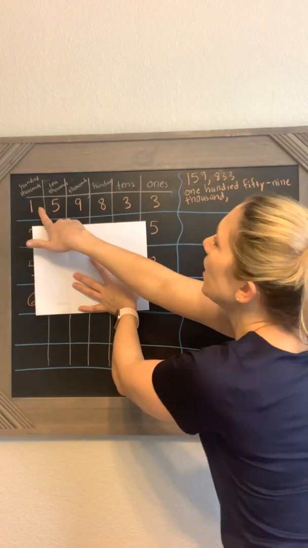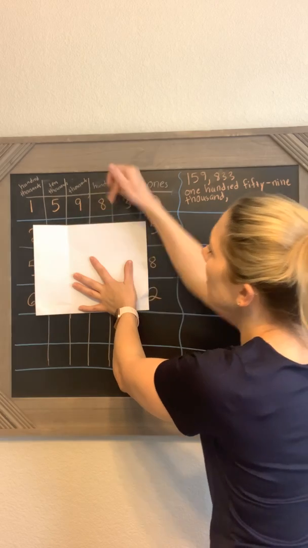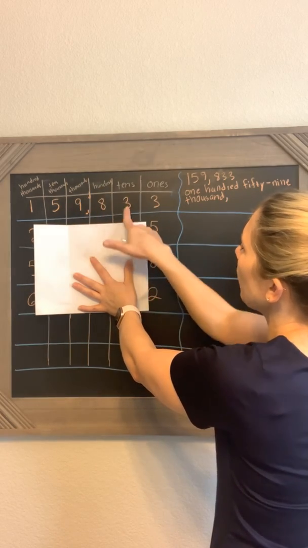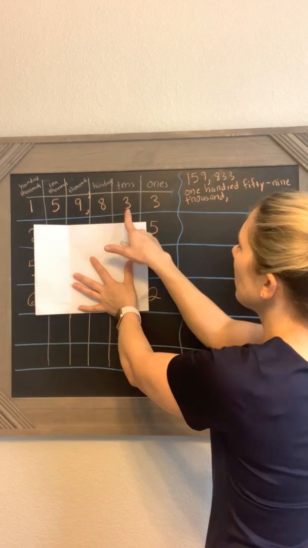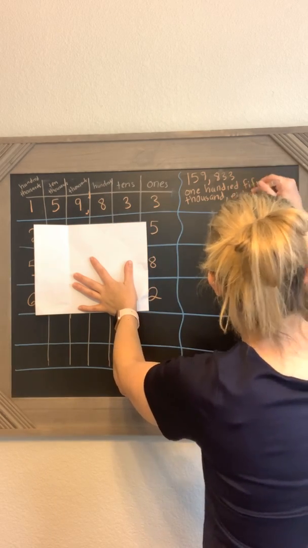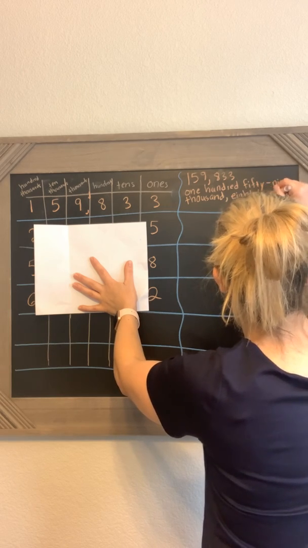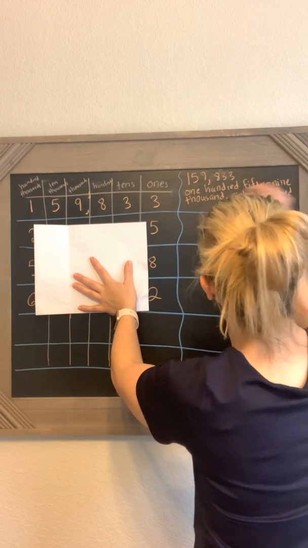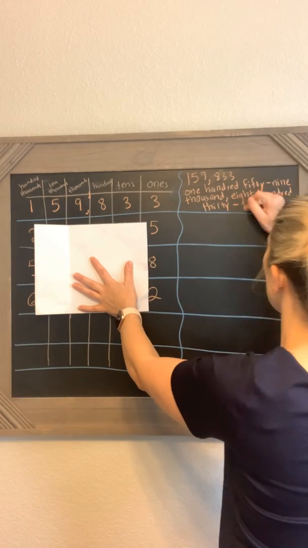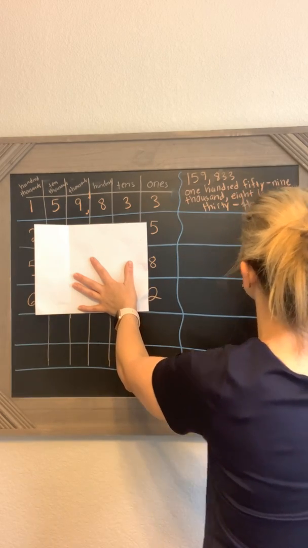So we have 159,000, and then we have the rest of the number, 833. 800, 30, put your dash, 3.